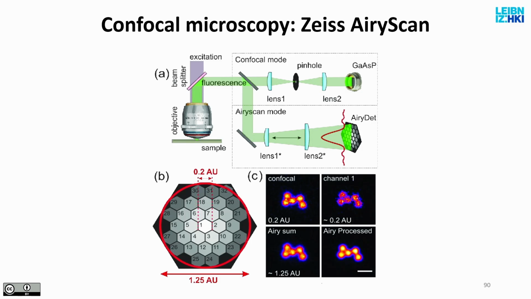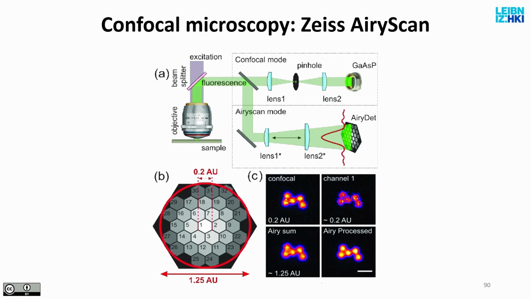Actually, the last one, number 32, is not measured. Whatever. And then, when I integrate the signal from all of them, I would get the signal that corresponds to 1.25. What's the advantage? Well, up to this point, except that I have a very expensive detector instead of a photomultiplier.